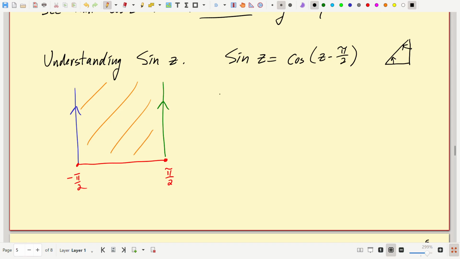Then sine of z is going to map that picture to, last time it dumped it out and put it in the lower half plane, but sine of z puts it in the upper half plane.